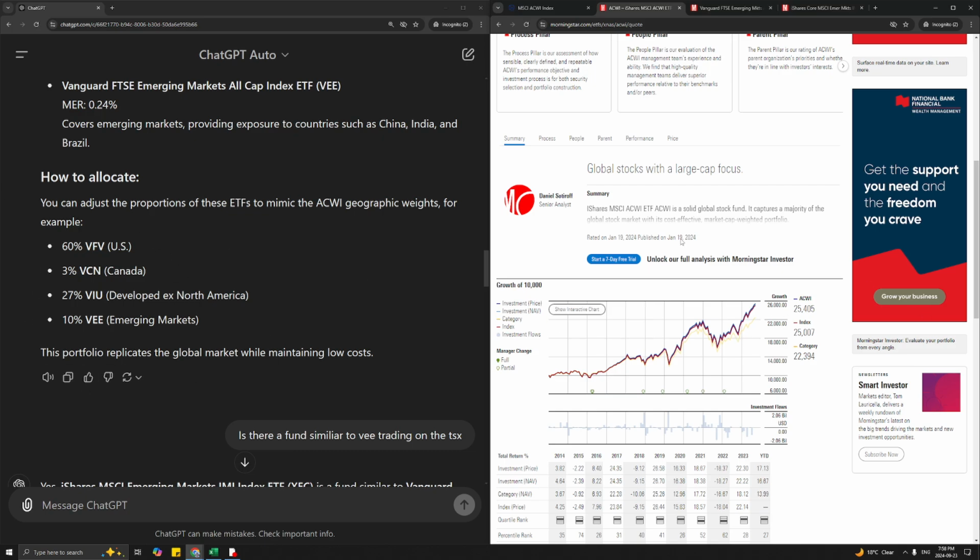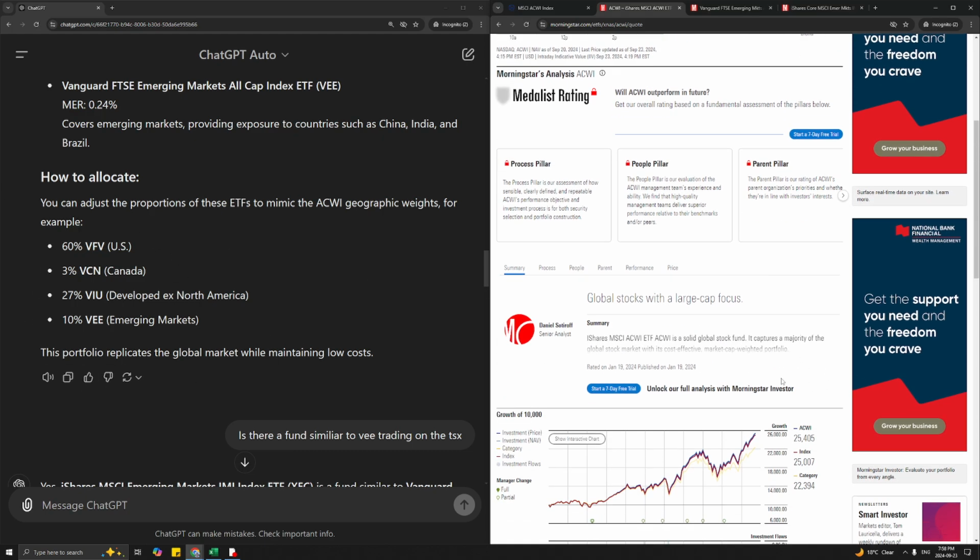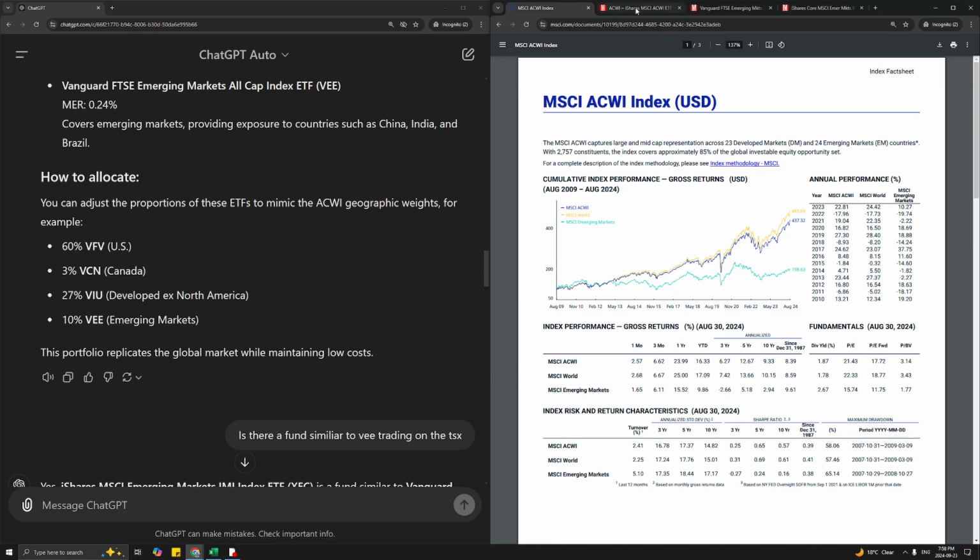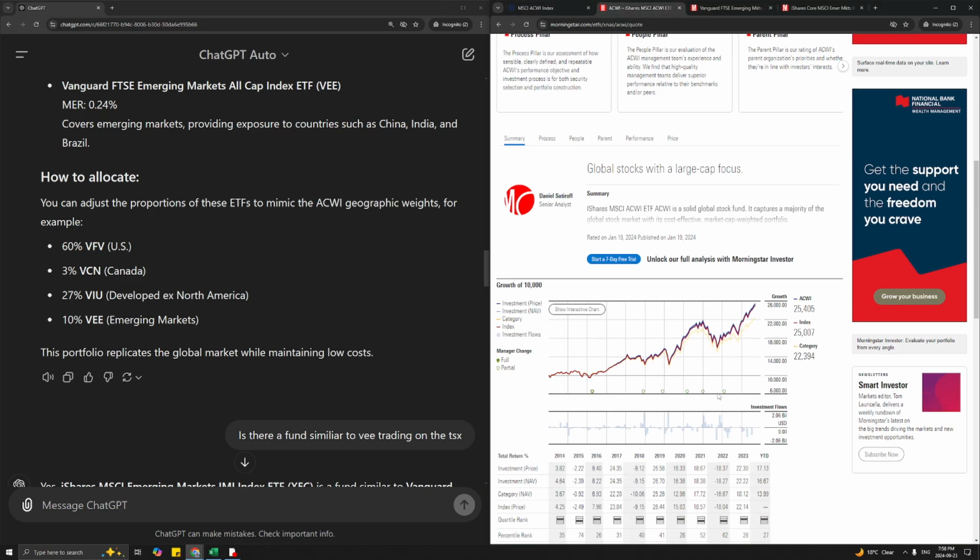So instead of buying ACWI and not being able to allocate the weights that we want, this portfolio follows ACWI. Now we can increase or reduce certain weights and still get this. If you copied this, you would probably get returns close to this, right?